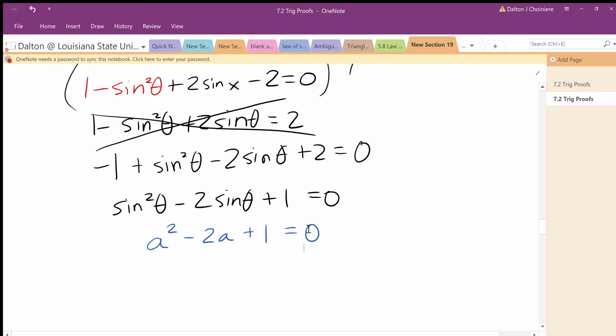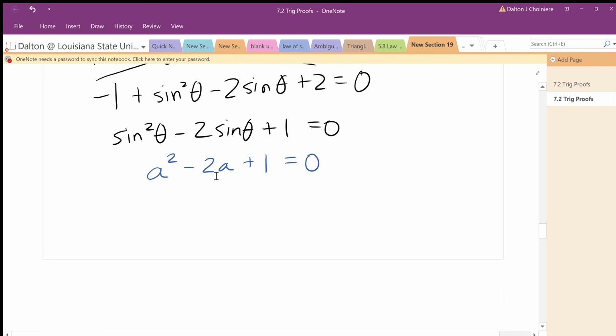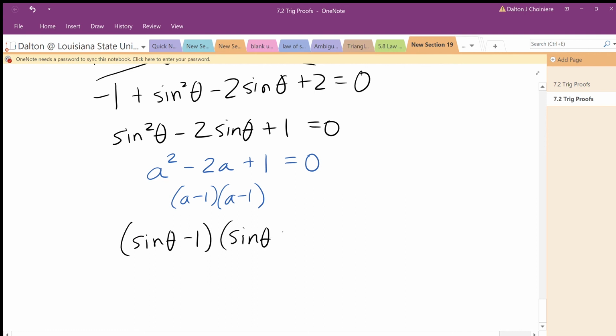But instead of sines, I just wrote a's. Y'all know how to factor this. How would you factor, what two numbers multiply to be 1 and add to be -2? So right, it would be a minus 1 times a minus 1. So what that means is using the trig functions, instead of a's, I have sines, right? So I'd have sine of theta minus 1 times sine of theta minus 1 equals 0.